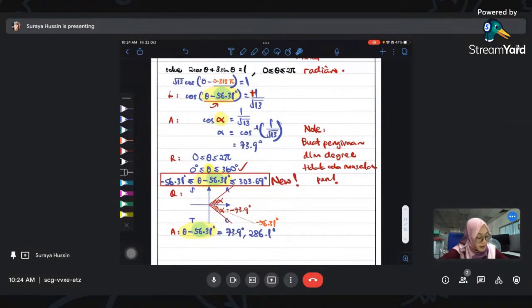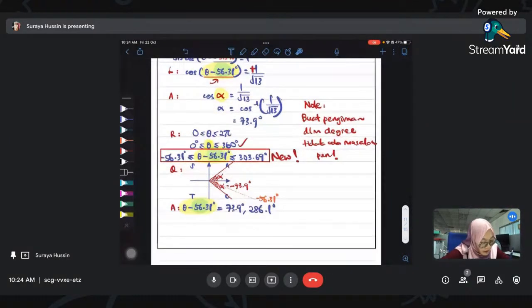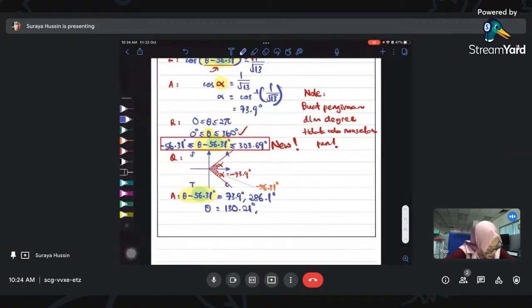Okay. Macam mana nak avoid, memang kamu kena buat banyak-banyak latihan. Okay, therefore your theta is 130.21 degree. Kira ya, tolong double check. And then here is 302.41 degree. Okay, the thing is you tak nak degree, jawapan mesti dalam radian.